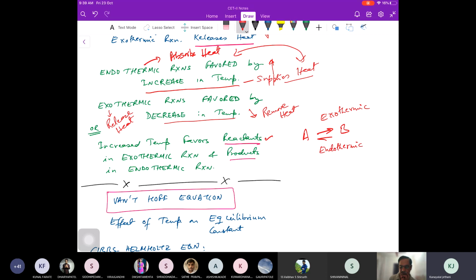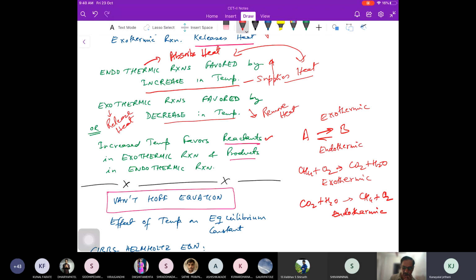By principle, by logic, अगर forward direction, that means if I say CH4 plus oxygen gives you CO2 plus water, this is exothermic. The reverse reaction is always going to be endothermic. Right?